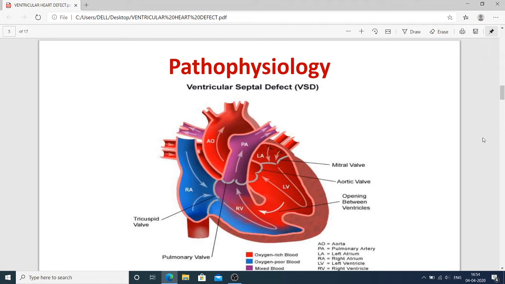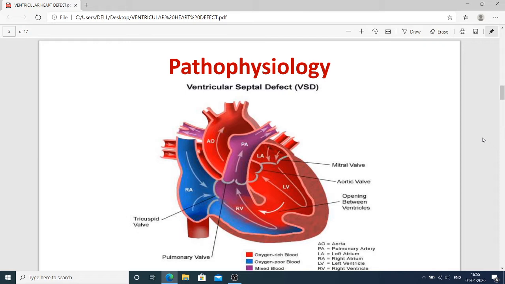The left ventricle has more blood pressure, and it pushes blood to the right ventricle. The right ventricle has deoxygenated blood, or blood with less oxygen. The pulmonary artery takes the mixed blood from the right ventricle to the lungs for purification.